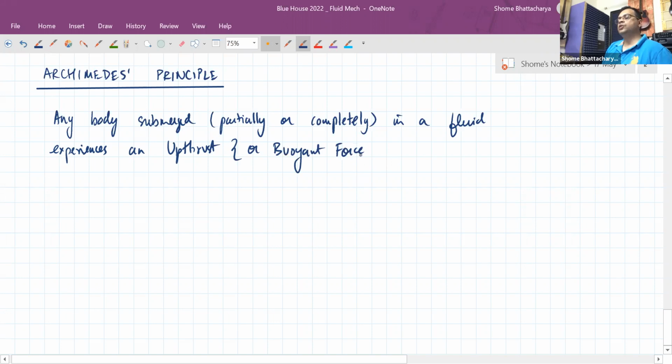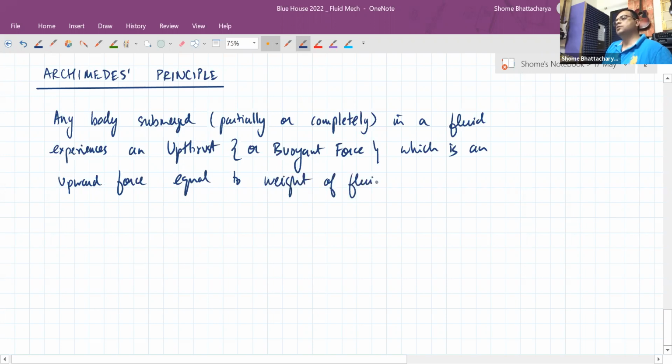This property of the fluid to apply upthrust is called buoyancy. Which is an upwards force equal to, now this is the most important thing, equal to the weight of fluid displaced by the body.